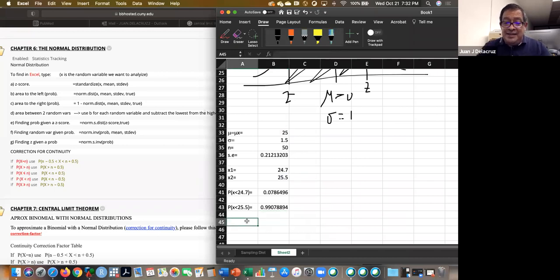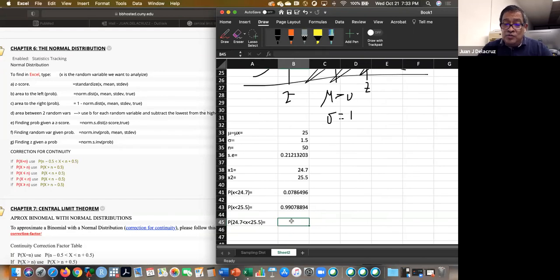Well, the probability that X lies between 24.7 and 25.5 is going to be equal to, let me make this bigger, I'm going to subtract the lowest from the largest. The largest minus the lowest. So that should be the area under the curve, okay?